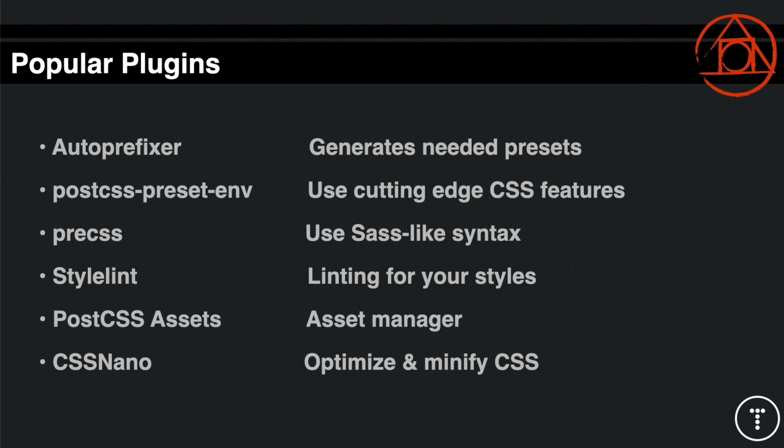Then you have stylelint, which is a CSS linter that validates your styling and helps you avoid errors. PostCSS Assets is an asset manager, so you can define load paths, and the plugin will look up the assets that you need, so images and background images and so on. And then cssnano optimizes and minifies your CSS files for production.